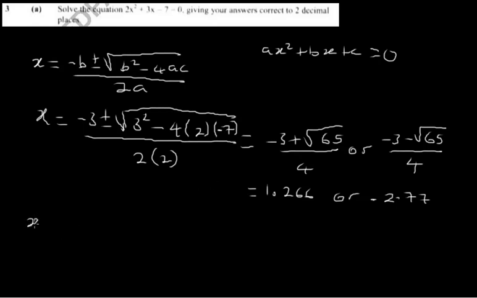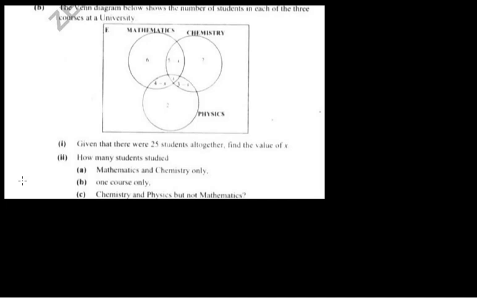So therefore x equals 1.266, or x equals negative 2.77. And we are done with 3a. Move on to 3b. So here's our question number 3b.